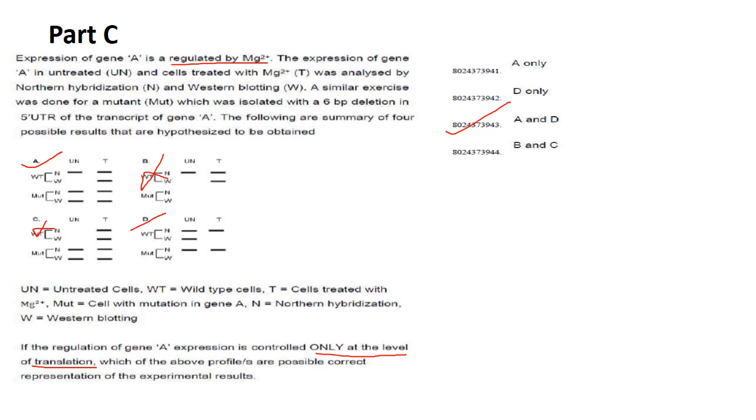A similar exercise was done for the mutant, which was isolated with a 6 base pair deletion in the 5' UTR of the transcript of gene A. The following is a summary of 4 possible results that are hypothesized to be obtained. Now expression of A is regulated by Mg2 positive.